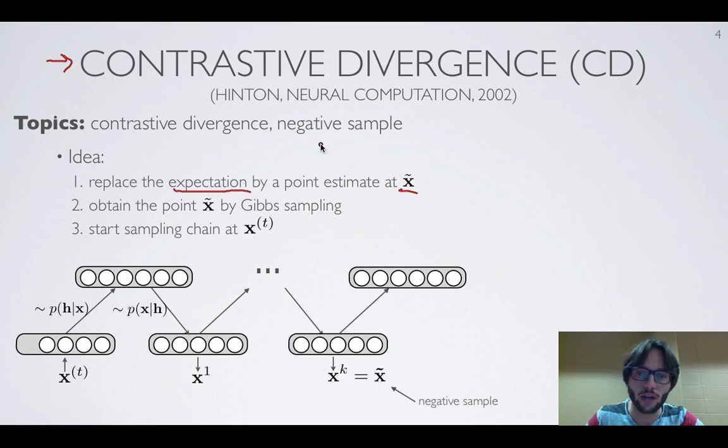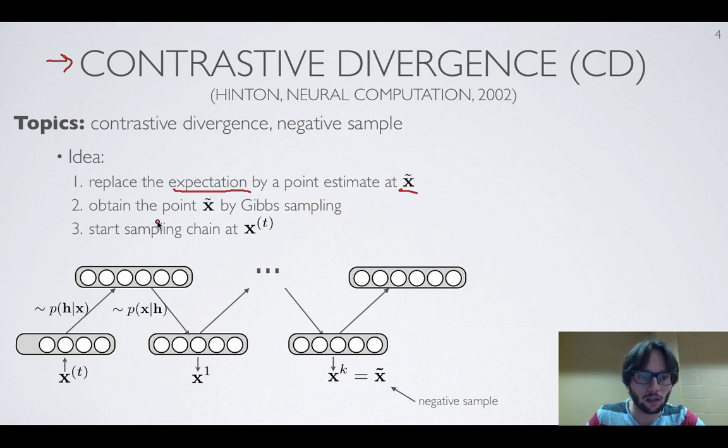Because if I have that point estimate, if you give me a value of the visible layer, then I can do the expectation over h and get an estimate of the double expectation. That's really saying we'll do a Monte Carlo estimate of the expectation with a single data point.